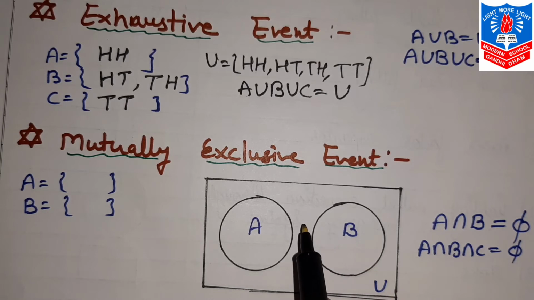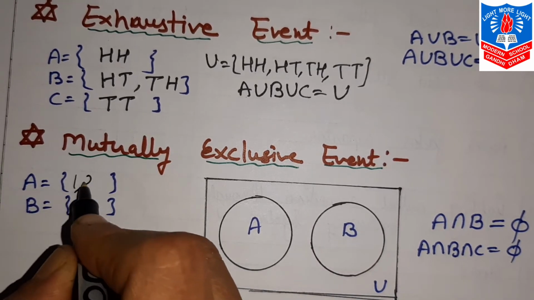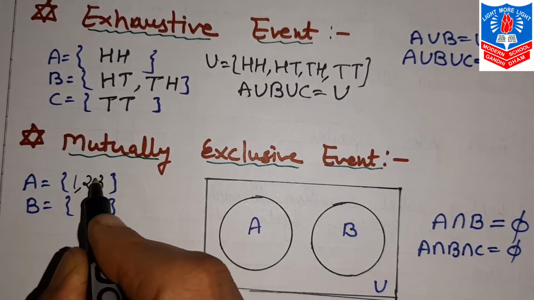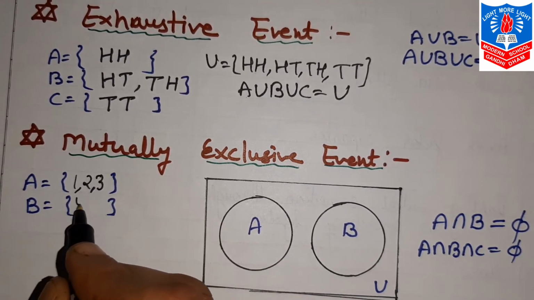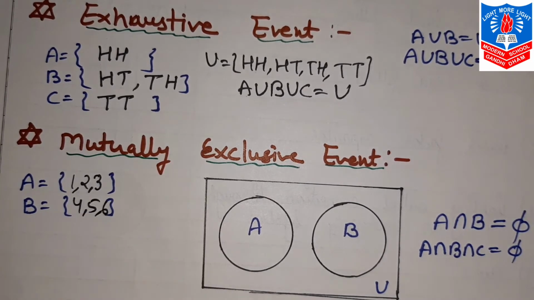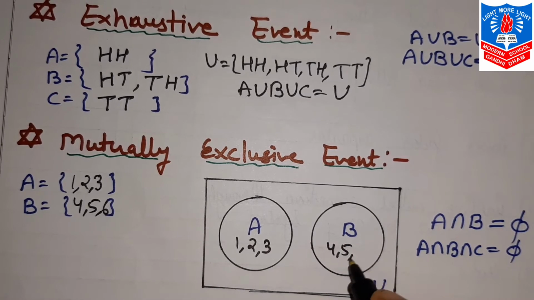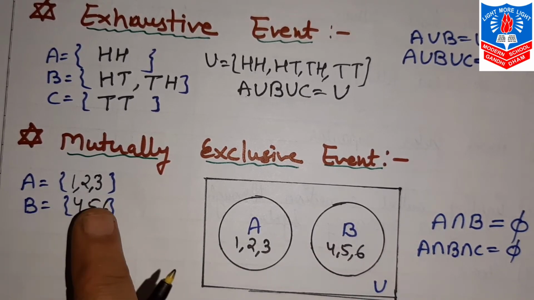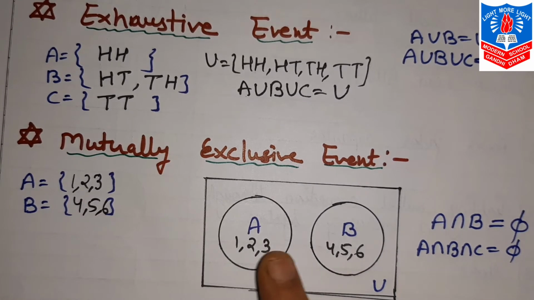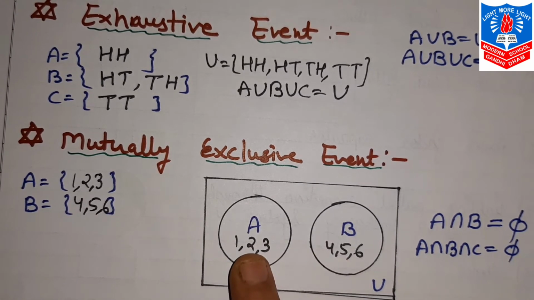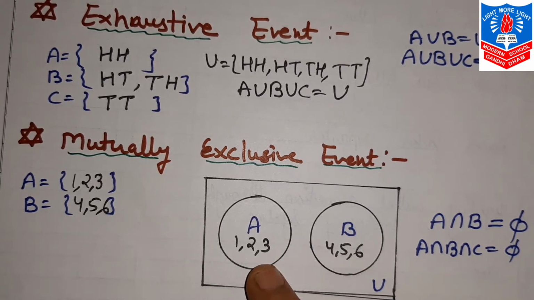Now if I take the example where a 6-faced dice is thrown, event A is that the number is 1, 2, 3 and B is 4, 5, 6. In that case, nothing is common. When event A occurs, event B won't occur, and when event B occurs, event A doesn't occur.